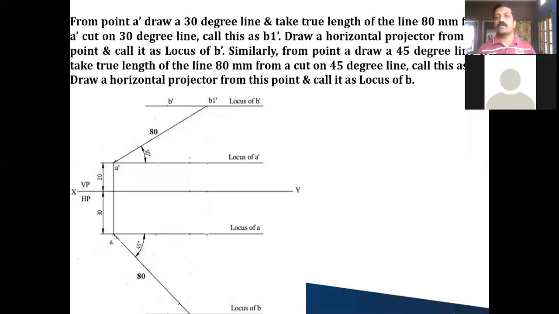Similarly, you have to do the same thing to get the true length diagram in the top view also. Taking A as the center, you draw the 45 degree line, that is with respect to VP, 45 degree as given. After drawing this 45 degree line, what is the true length? Whether you draw it in the front view or in the top view, it remains the same. It is the actual length of the line.